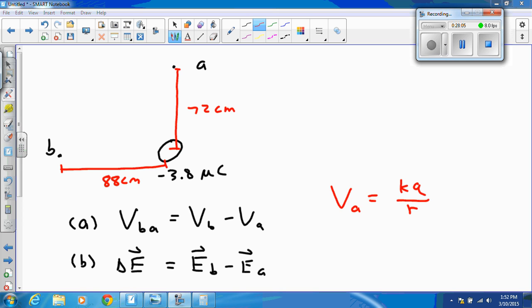So what we're going to do is just simply compute the potential here, and subtract, and that's it. So maybe we can divide this up. This half of the class, I'd like for you guys to compute VA using the formula. That half of the class, compute VB. Go. Keep in mind that it's a negative charge.